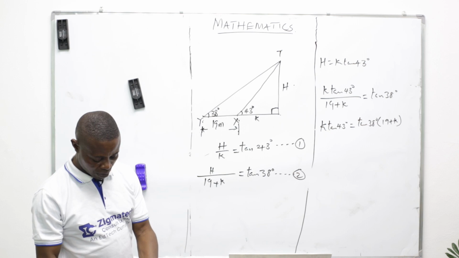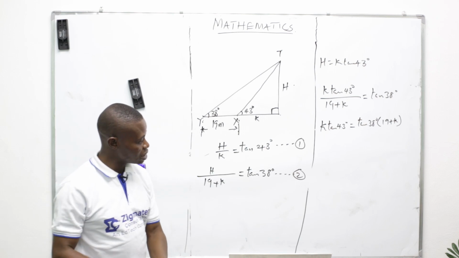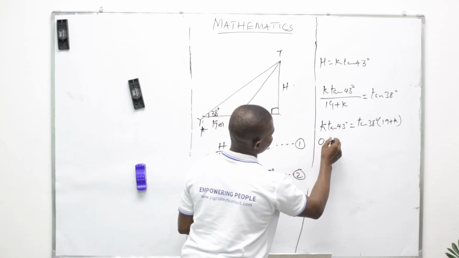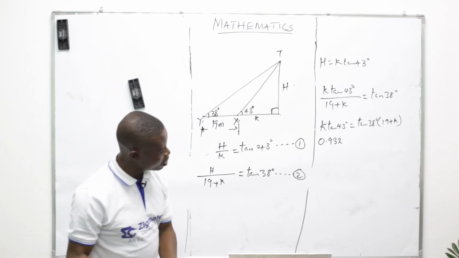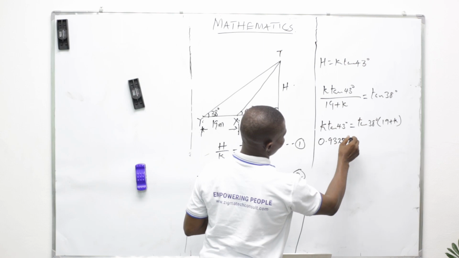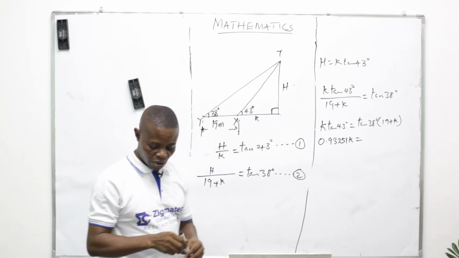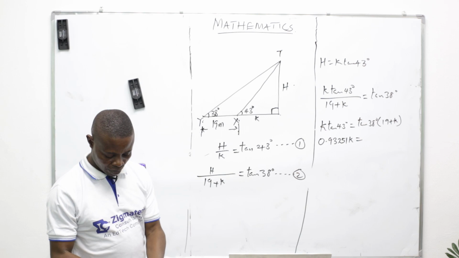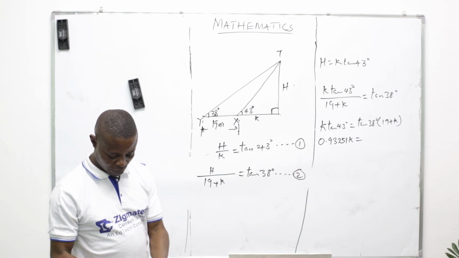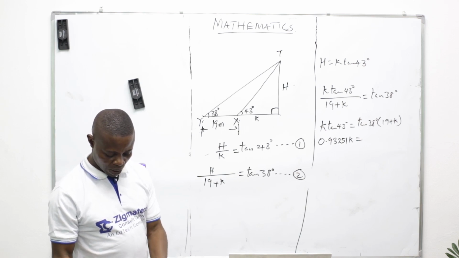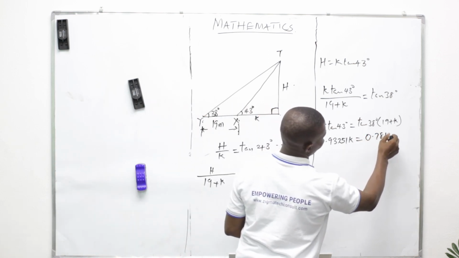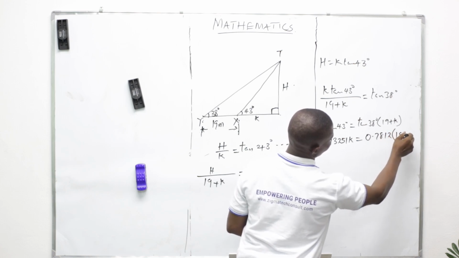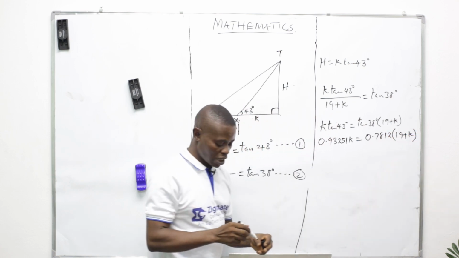Good. Now let us figure out the tans. Tan 43, 0.93251. K equals tan 38, 0.7812, into 19 plus K. Let's multiply out.